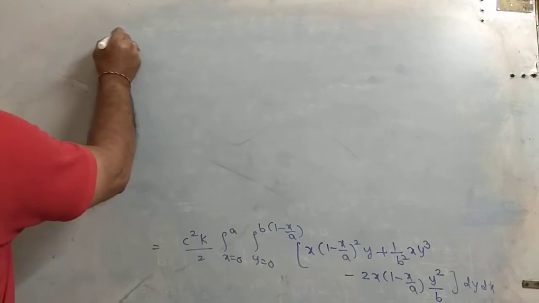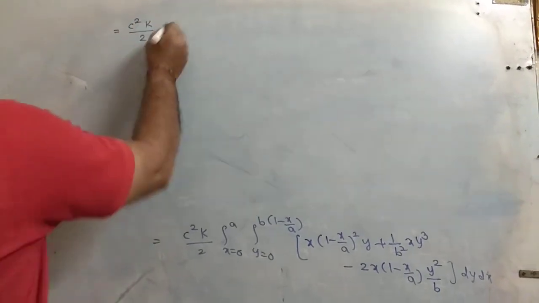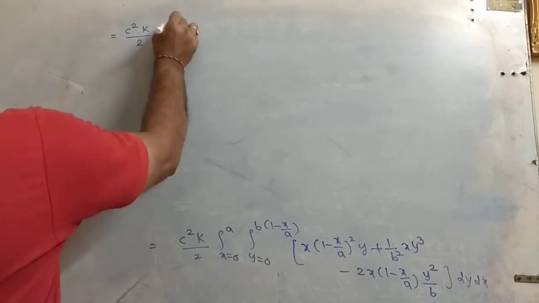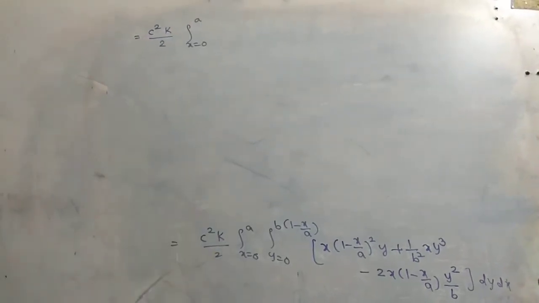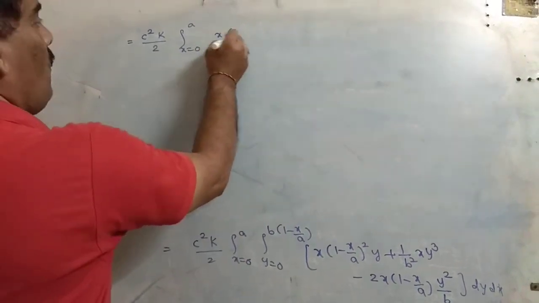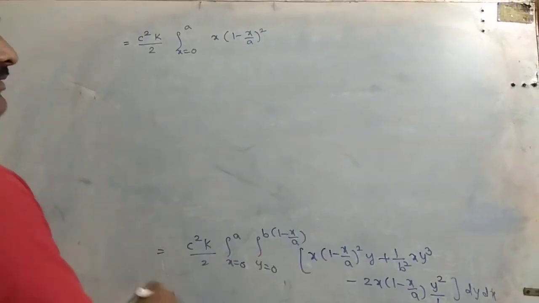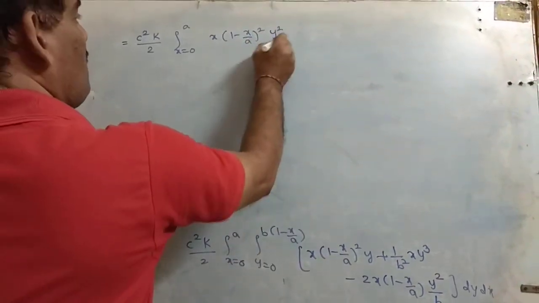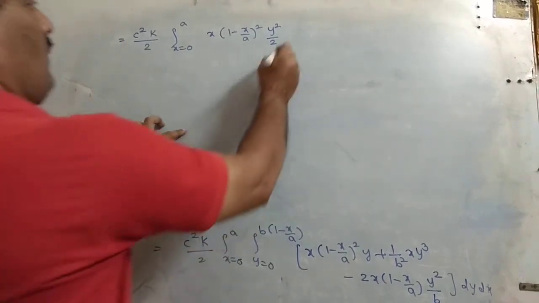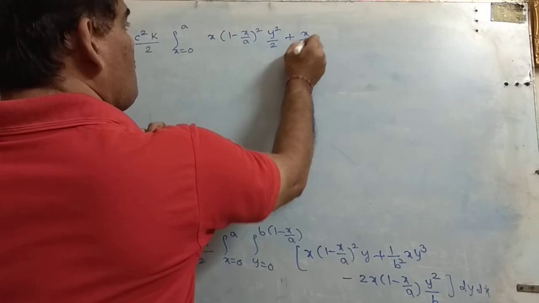Now this is equal to c square k divided by 2, x integral as it is 0 to a. Now you are doing the integration with respect to y, so x into (1 minus x by a) whole square, and that y integration is y square by 2, plus x by b square as it is.